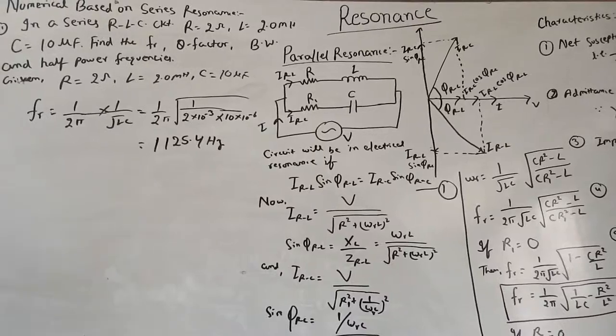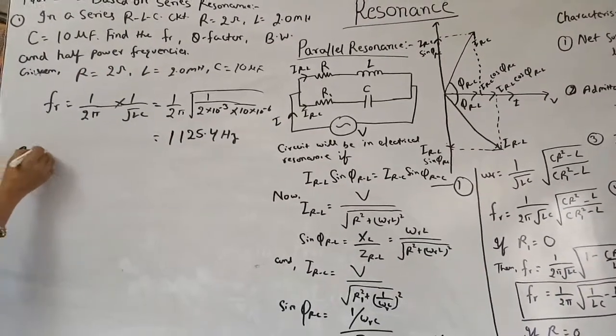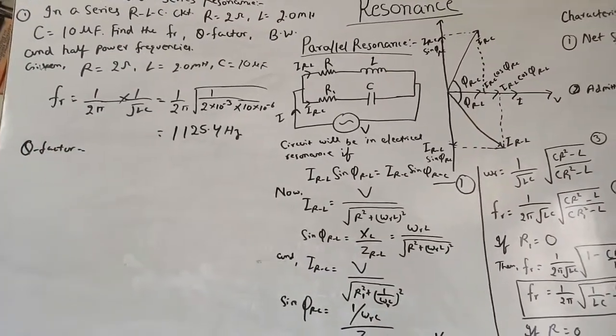Now, next unknown value is quality factor, Q factor. What is the formula of that?